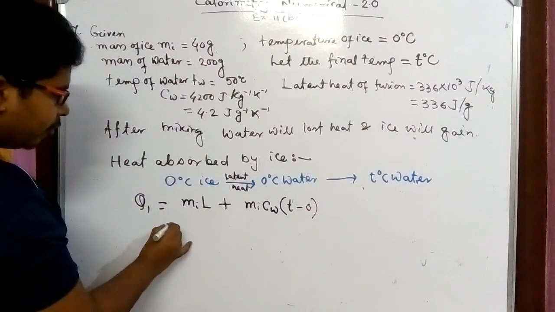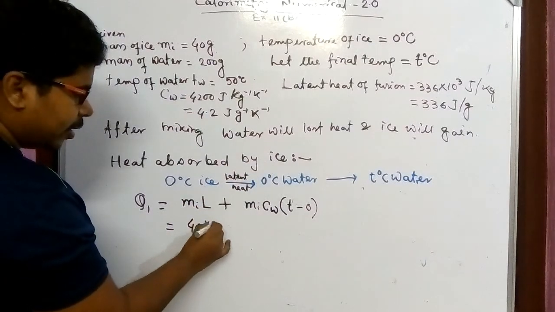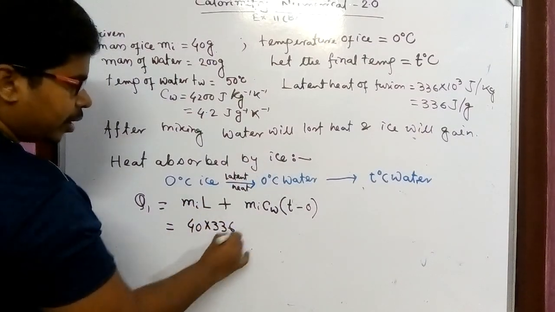Put the value. Value of Mi is 40. It is 336. Okay.